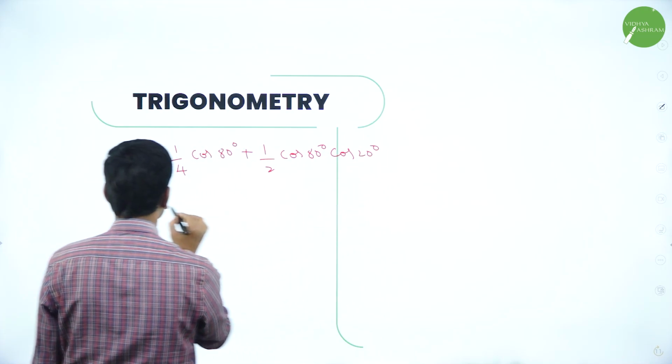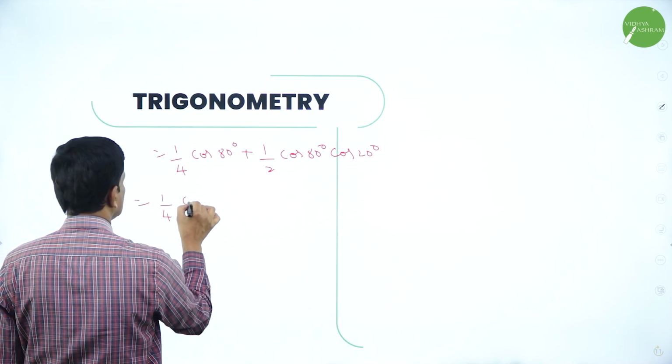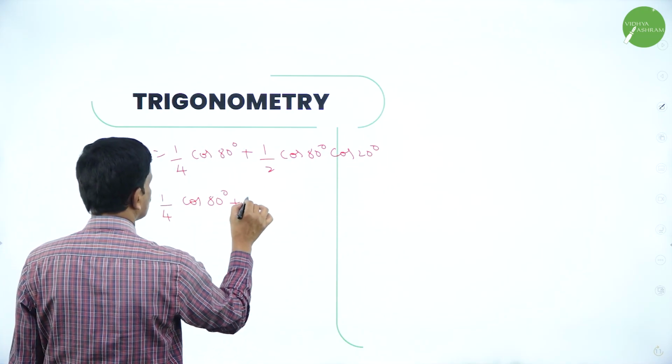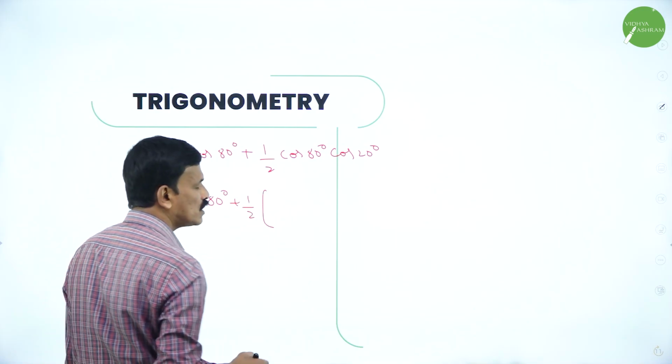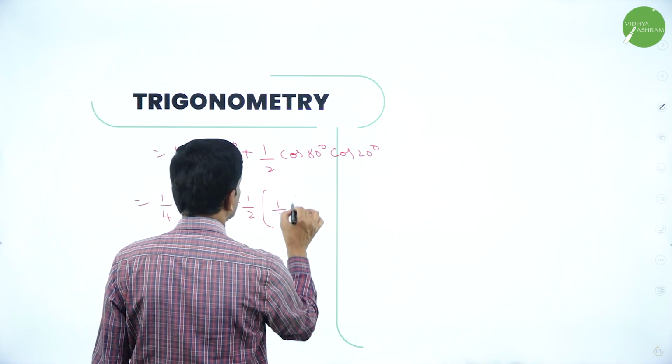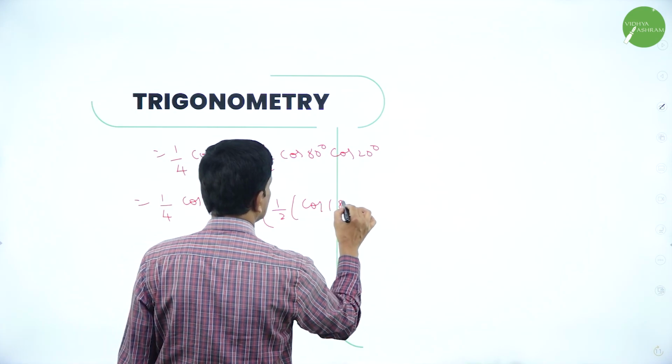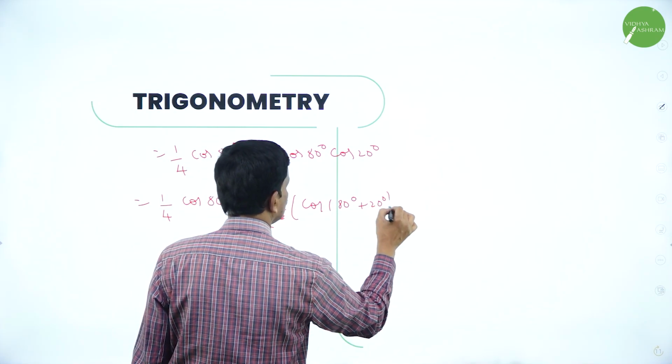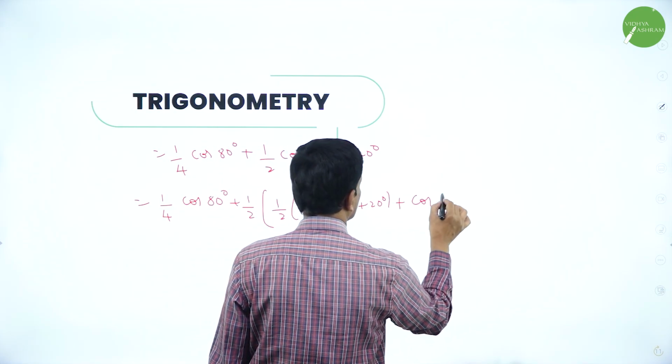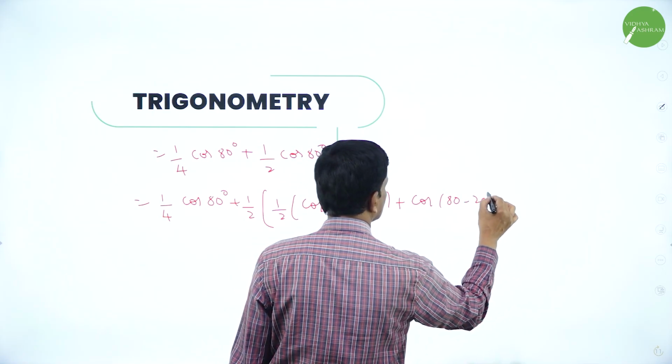Again use cos A cos B. This is 1 by 4 cos 80 degrees as it is, plus half into, again cos A cos B is half of cos (A plus B), 80 plus 20, plus cos (A minus B), 80 minus 20.